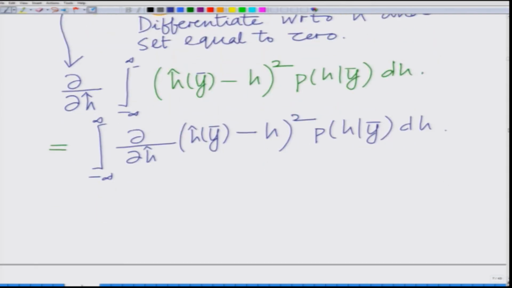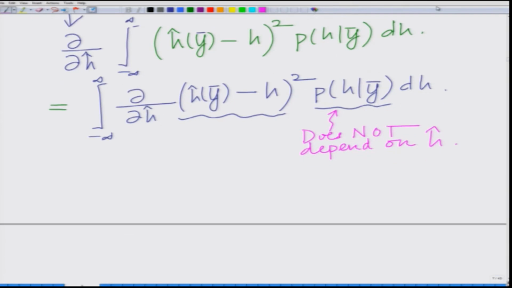Now, only this quantity depends on h hat; p of h given y bar does not depend on h hat.